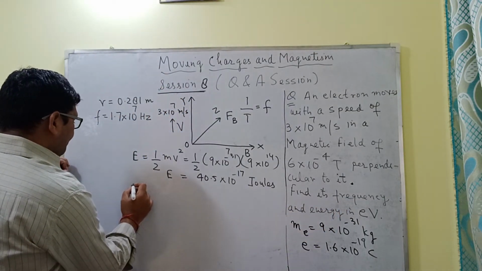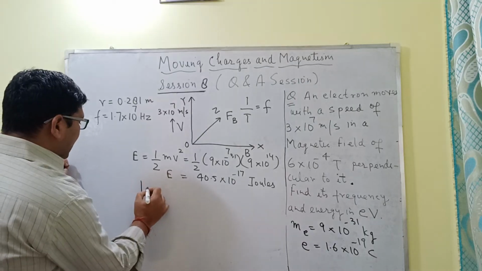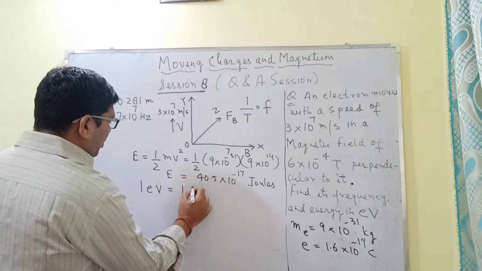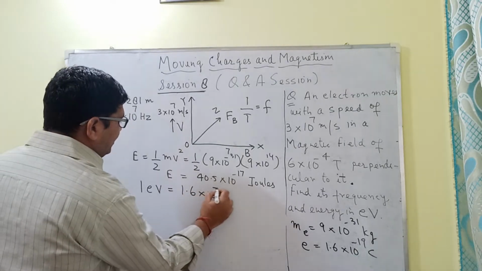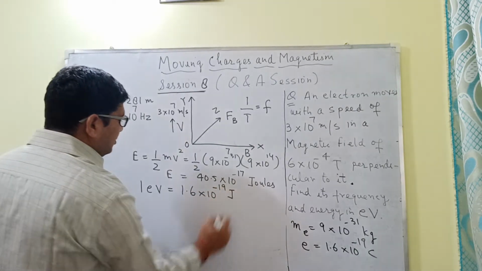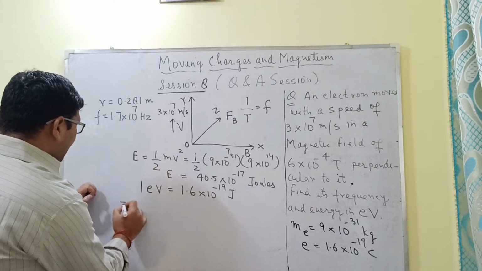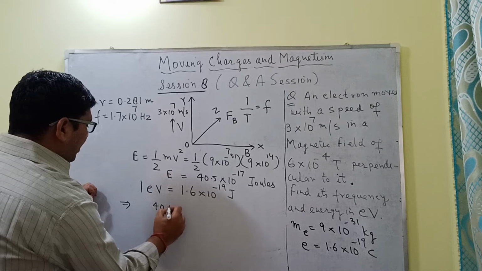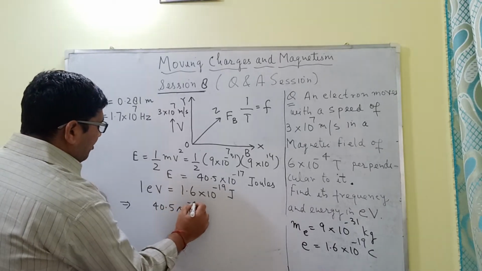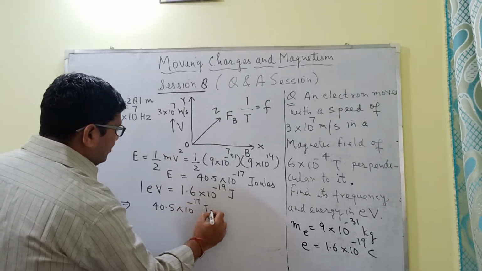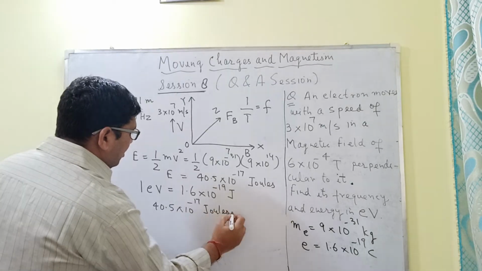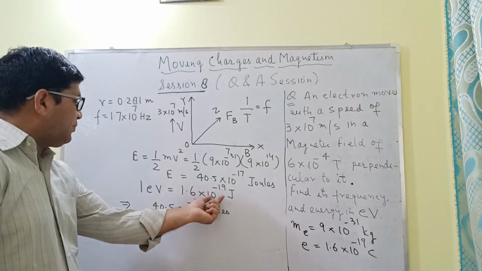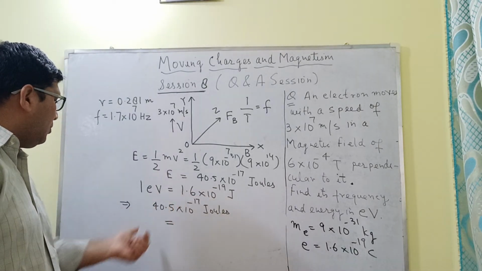Now we know that 1 electron volt is equal to 1.6 into 10 to the power minus 19 joules. Okay. So it implies that 40.5 into 10 to the power minus 17 joules, this much of joules is equal to 1 electron volt.